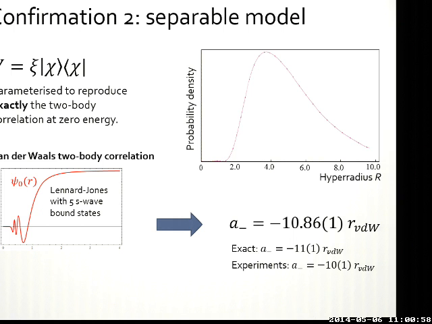If you change the number of bound states to be 3 or 10? Yes, it's very stable actually, because this value depends essentially on this part of the two-body correlation. If you change the number of bound states, you will change here the number of oscillations, but it's a very small difference.